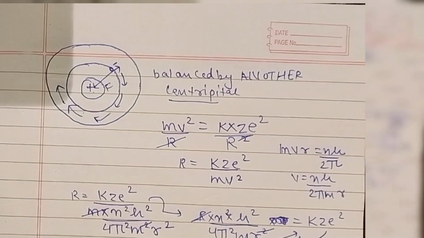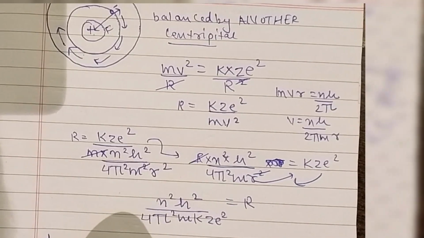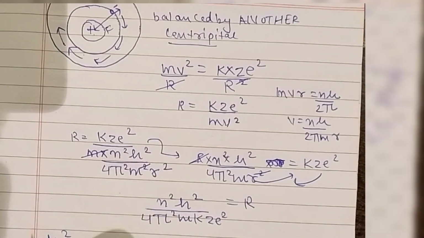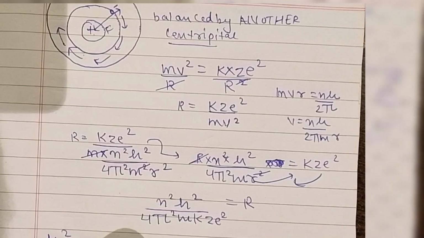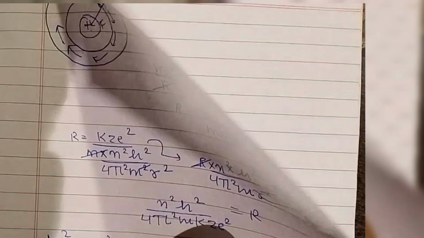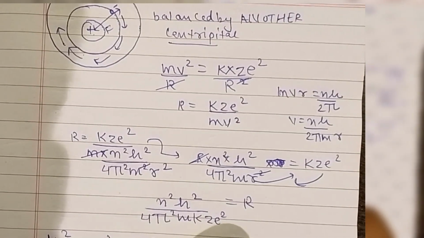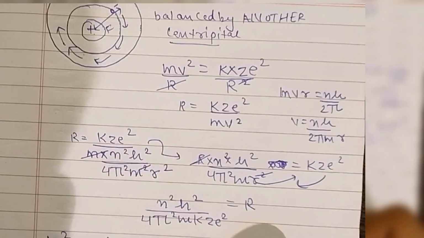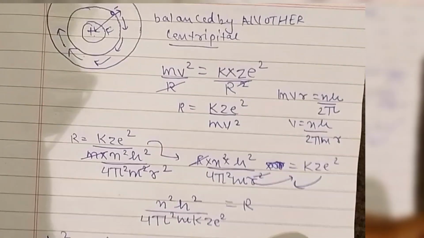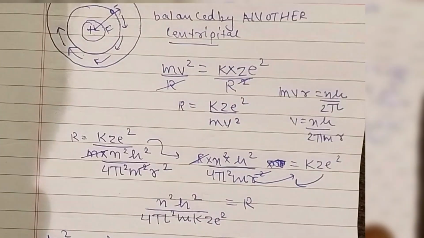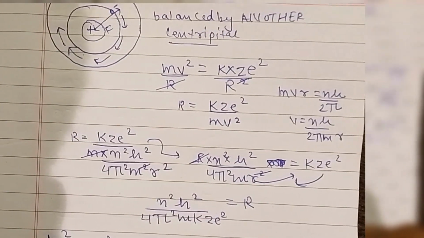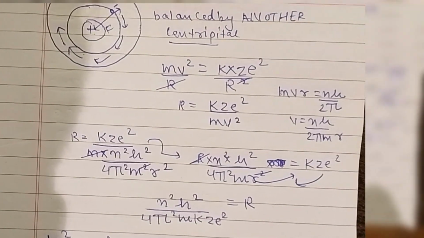And for your information, h square upon 4 pi square m k e square gives the 0.529 into 10 raised to the power minus 10 meter, or 0.529 angstrom.